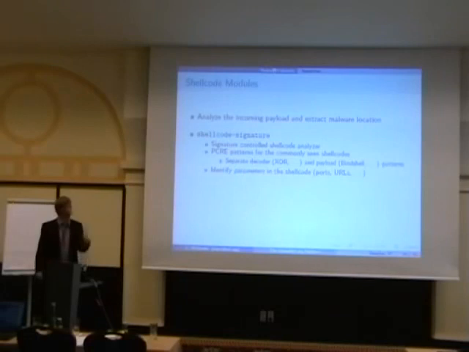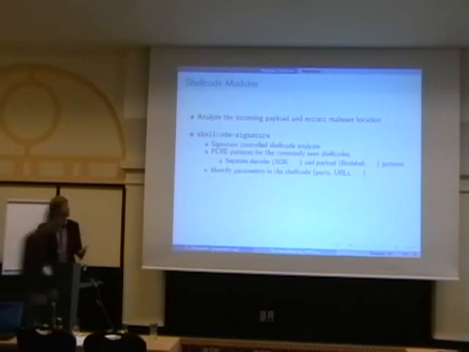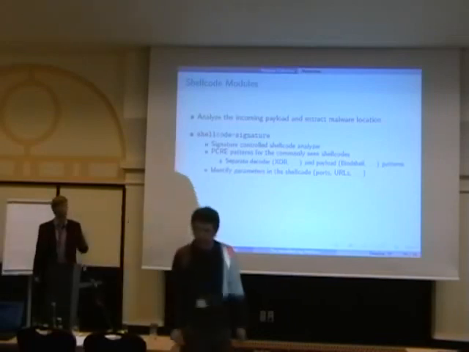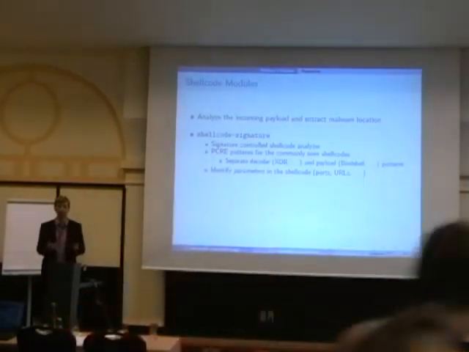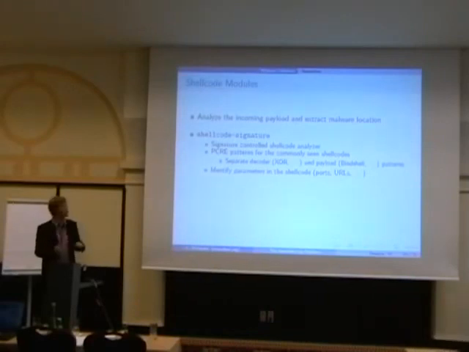And then if we are lucky, we actually get the payload from the malware, and then we can analyze the payload for the shellcode. And there's 2 modules. The first one is shellcode signature, which works like the common antivirus software today. It has patterns for the usually occurring shellcodes, and these are PCRE patterns.